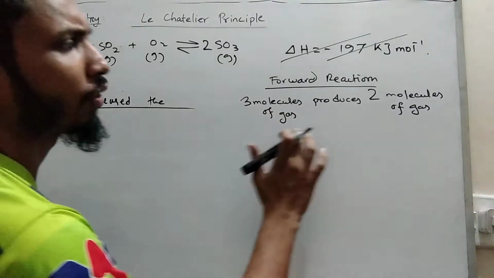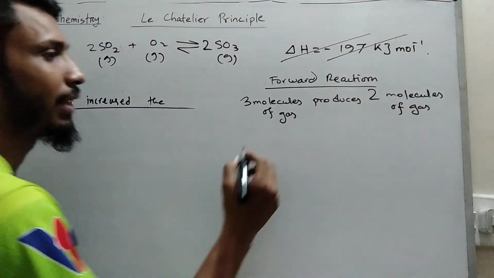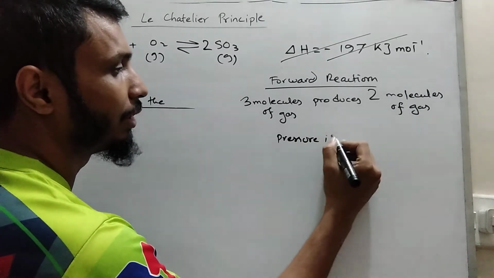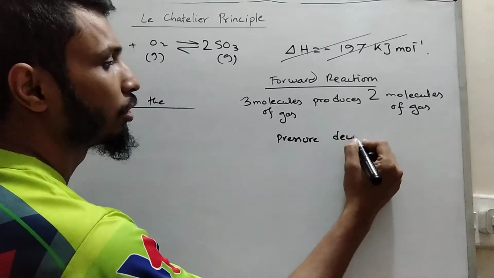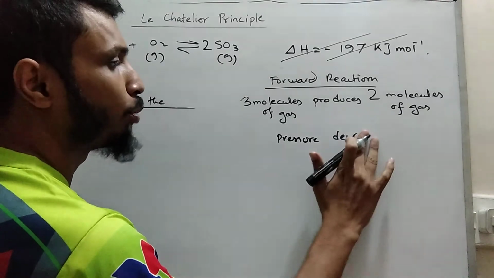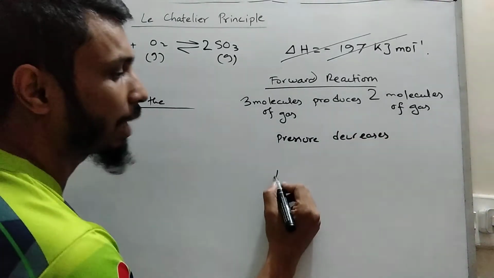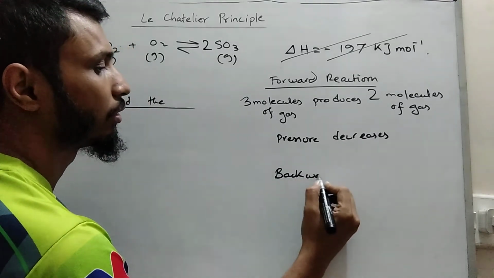So 3 molecules of gas produce 2 molecules of gas. Pressure decreases. So the forward reaction decreases the pressure. Let's see what is happening in the backward reaction.